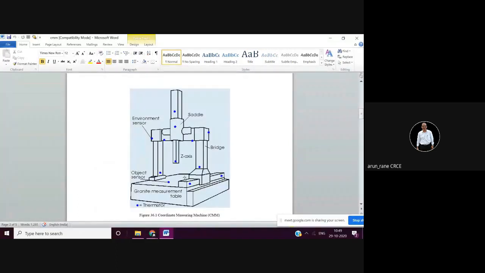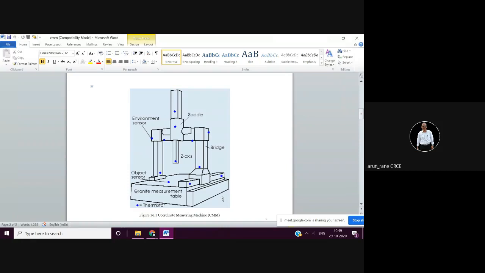And remember, when the accuracy is very high, when you are talking about 5 microns or 10 microns, at that time you have to be very, very careful, because that inspection has to be carried out at a certain temperature, wind speed, and humidity. The customer will specify, or if he has not specified, then you have to ask, because there may be variations.